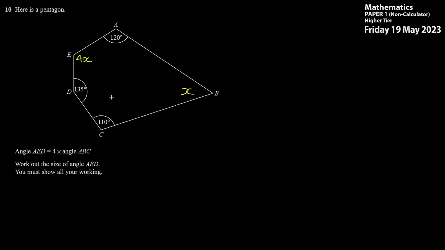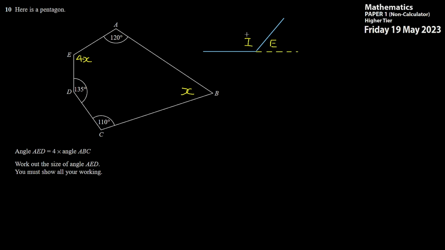And now we need the interior angles of a pentagon, and what do they add up to? I always think to get the internal angles of any polygon like this, it's easiest to consider the exterior angles. I know this is not a regular pentagon, but it doesn't matter. The answer will be the same.